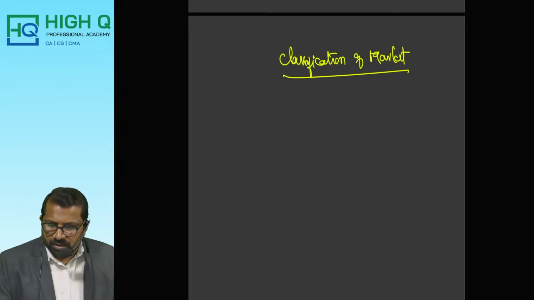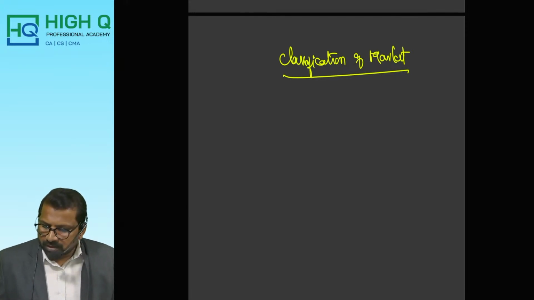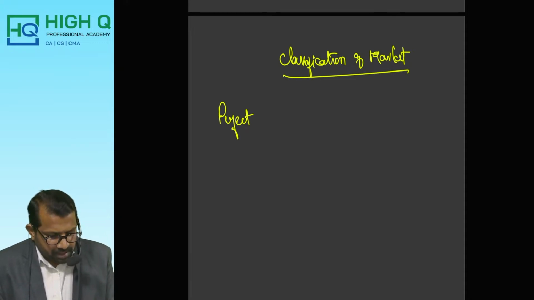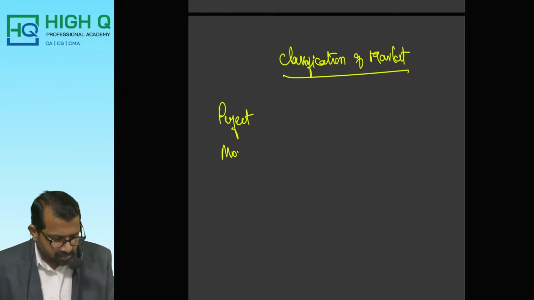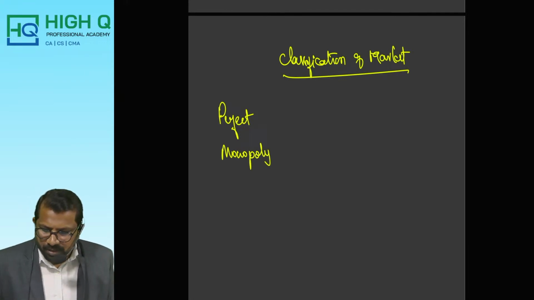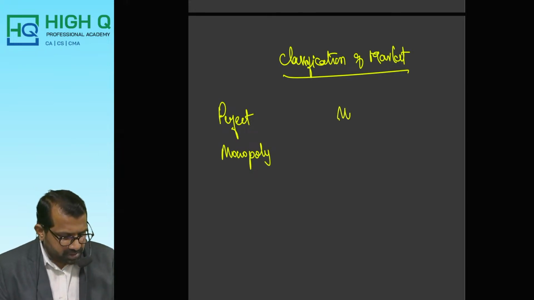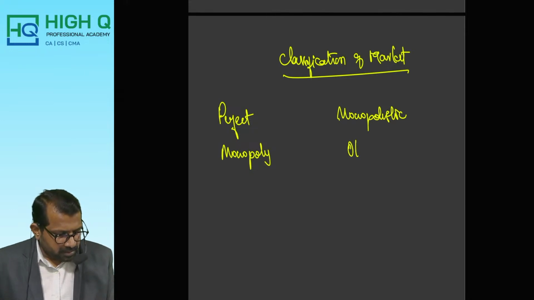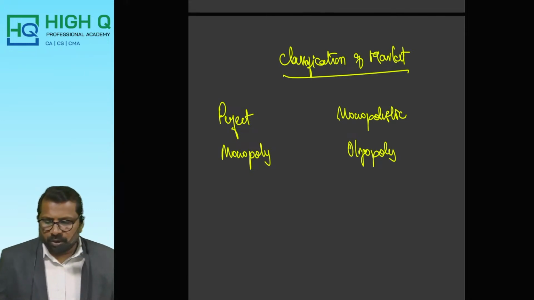All these are various types of competition applicable in the classification of market. So perfect, another one is monopoly, then monopolistic, then oligopoly.